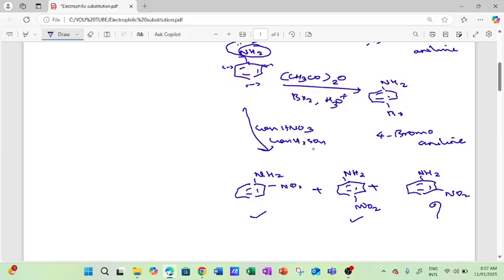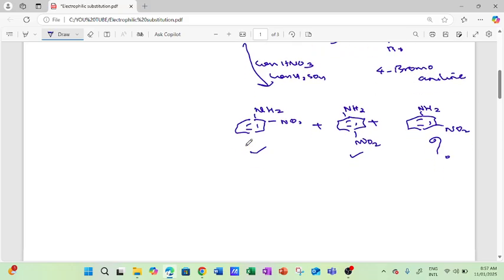But why are we getting a meta product during nitration? I'll tell you the reason. The reason is when you take aniline and add acid, which is strong concentrated acids like HNO3 and H2SO4, the acid provides H+. That H+ will attack NH2 as NH3+.